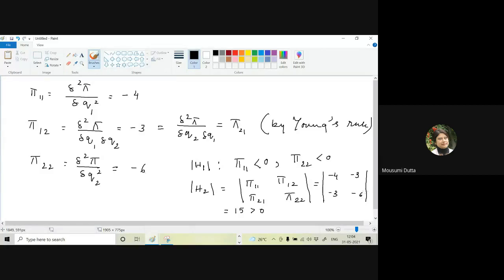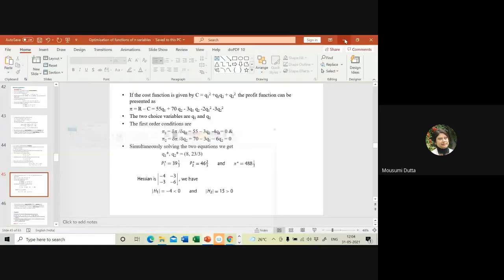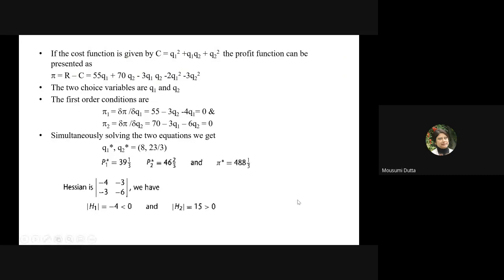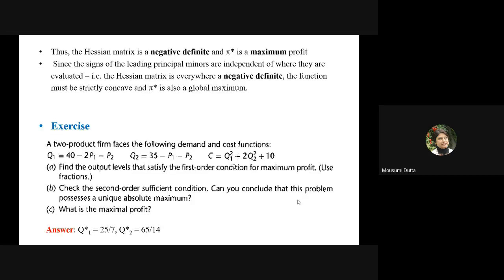Okay, so second order condition is satisfied, and hence the derived profit is a maximum profit. So Hessian is this, and then you will conclude thus the Hessian matrix is negative definite and pi star is a maximum profit.